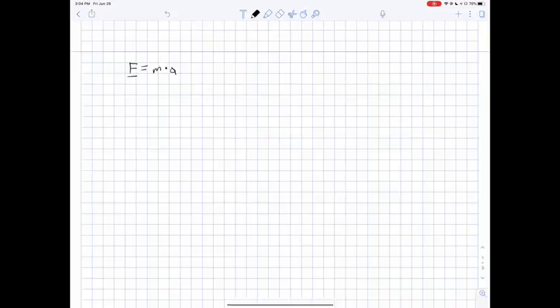So let's say I have a box right here. If I decide that I need to move this box somewhere, I need to apply a force on it going this way. Now, the force that I'm applying on it is going to be right here where there's contact.